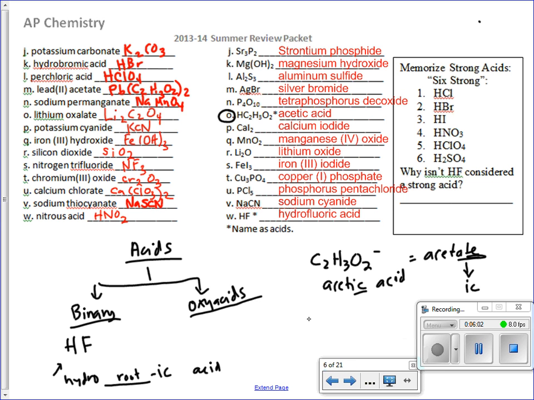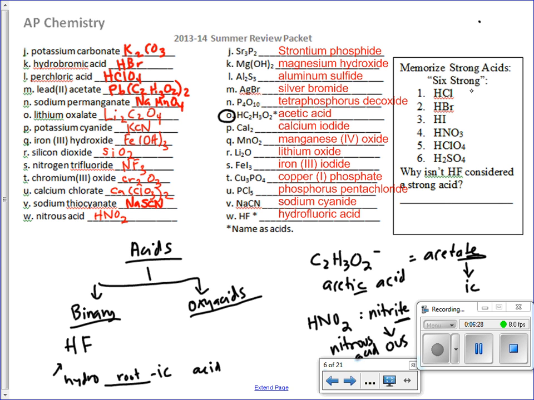Whereas on the previous page we had HNO2. You should recognize that NO2 is called nitrite, and if it ends in ite, it becomes ous, so this becomes nitrous acid. Okay, so there's a little review there of your binary and your oxy acids.